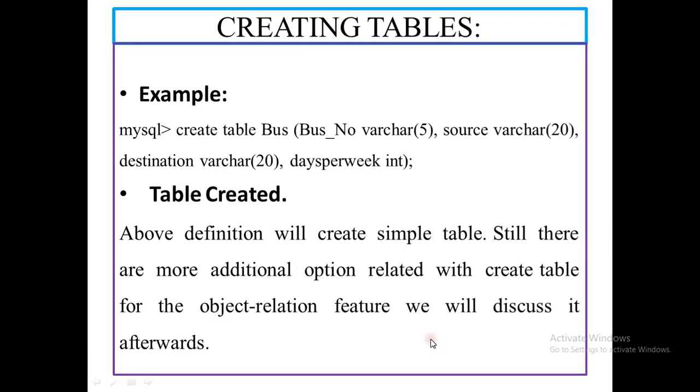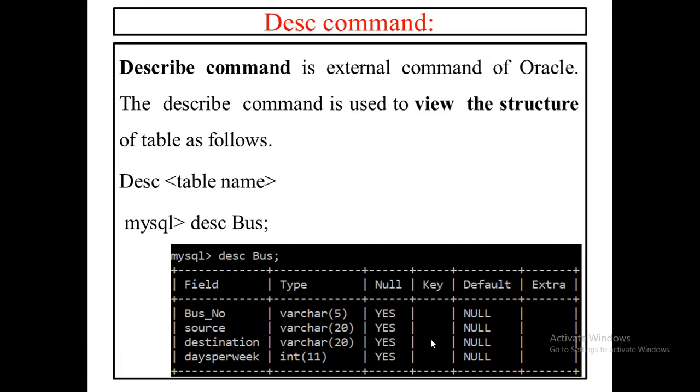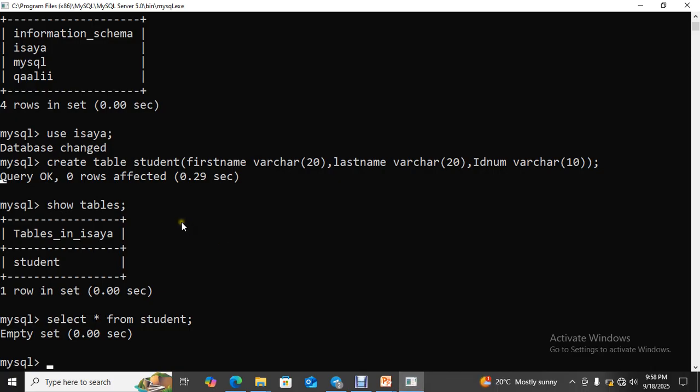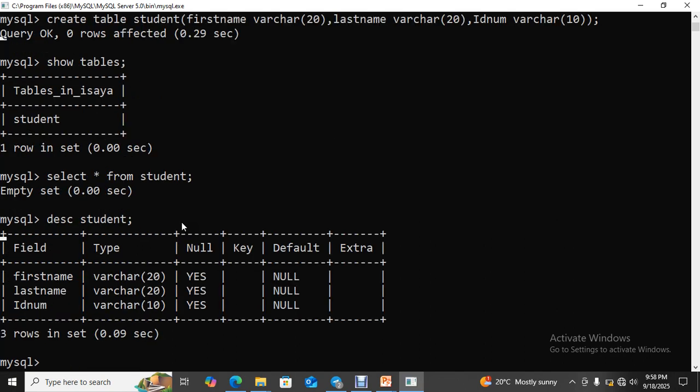After this, let me give you this one. For example, when I say desc student, this is what desc student means: describe the student table that I created previously.